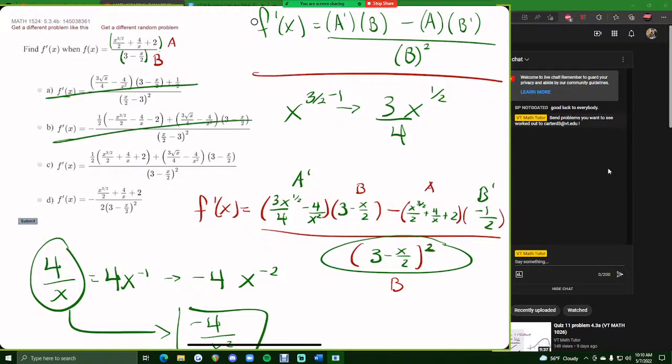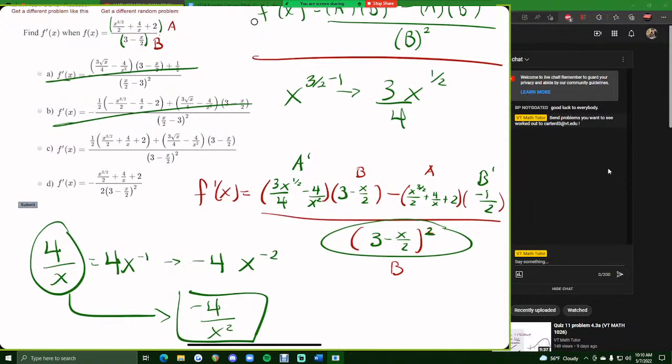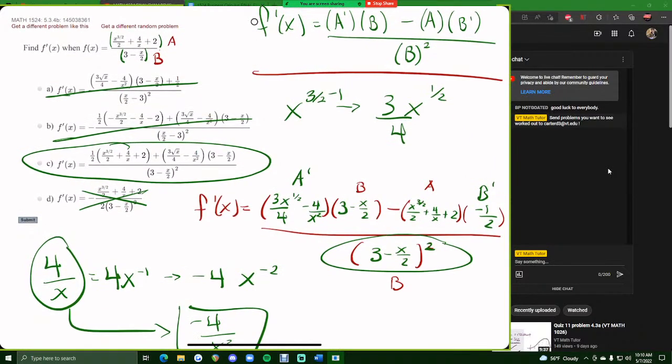Now, C and D do have that, but which one makes more sense given the mess we have written out here? It's got to be C, right? D does not have enough going on in that numerator. It just doesn't make sense. So by process of elimination, you can make identifying a super complex problem a little bit easier.